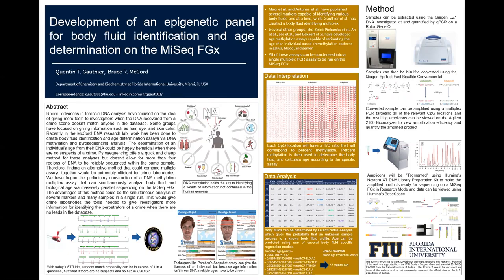So we don't need any fluorescent labels. We don't need any biotin or anything like that. So it allows the PCR aspect of this to be extremely cheap. These PCR primers are only going to cost us about $10 for thousands and thousands of reactions.